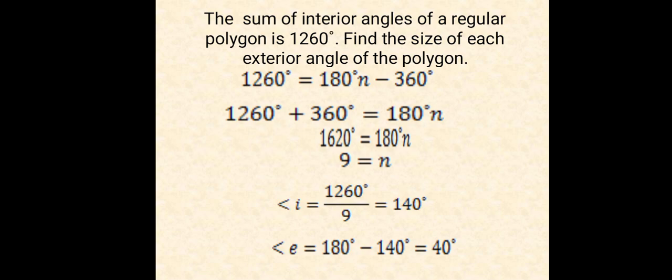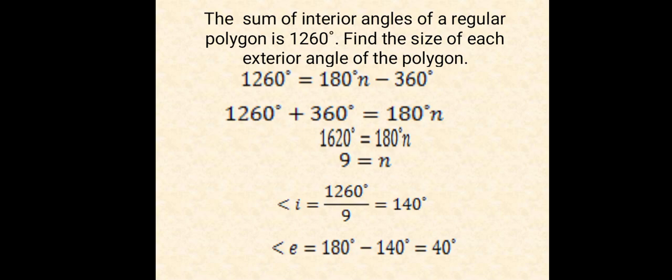The sum of interior angles of a regular polygon is 1260 degrees. Find the size of each exterior angle of the polygon. Now we know that 1260 is equivalent to the formula 180 degrees n minus 360.